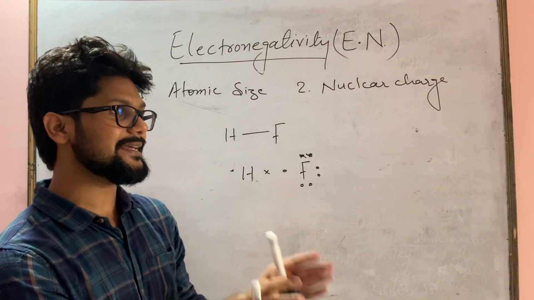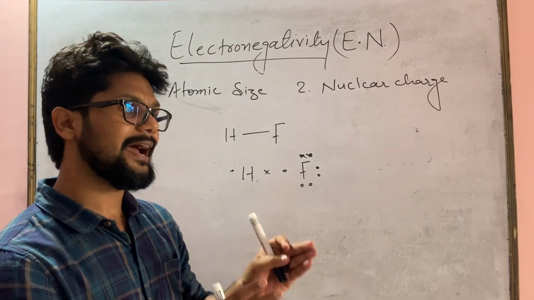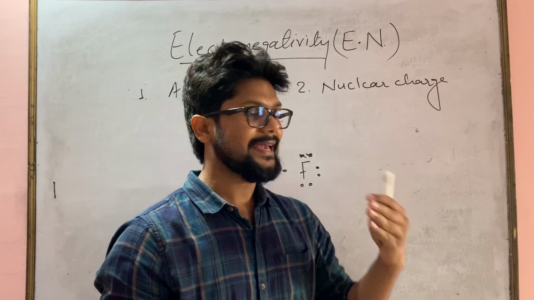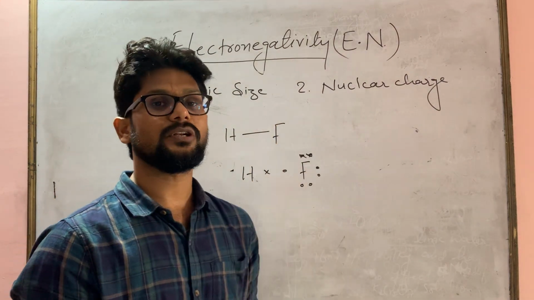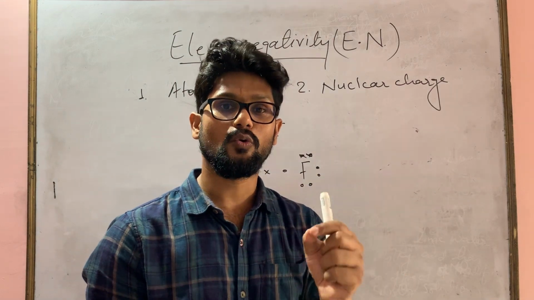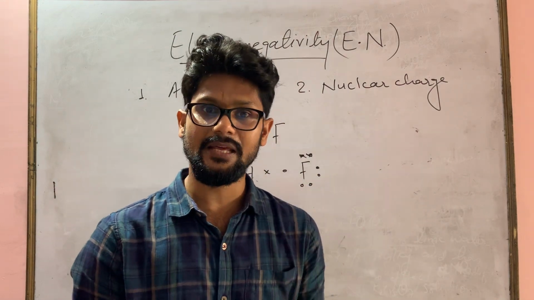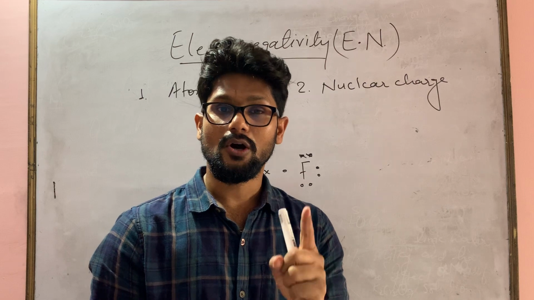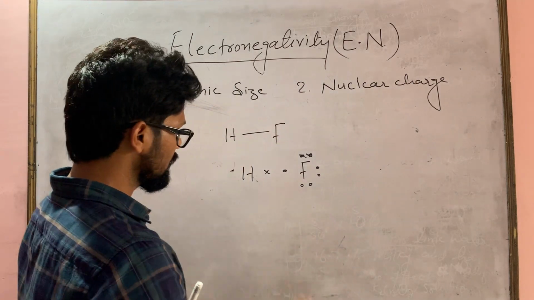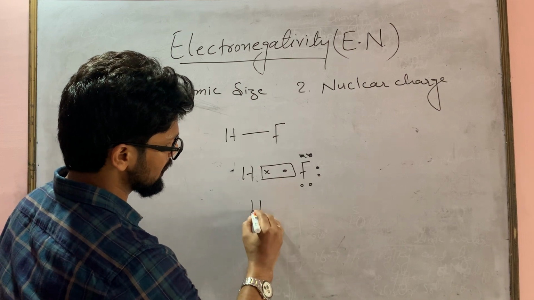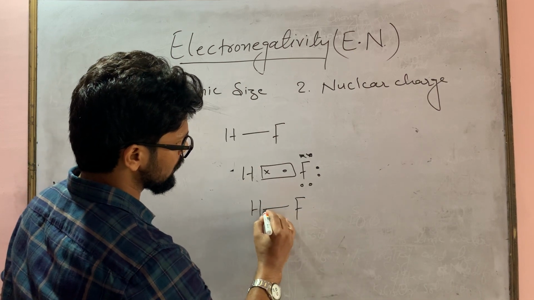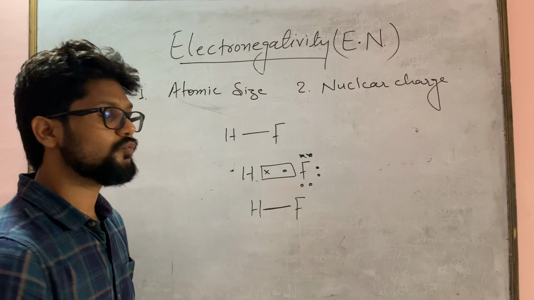So both will share a pair of electrons, and in that case a bond will form between H and F. That bond is called a single covalent bond because they are sharing one pair of electrons.